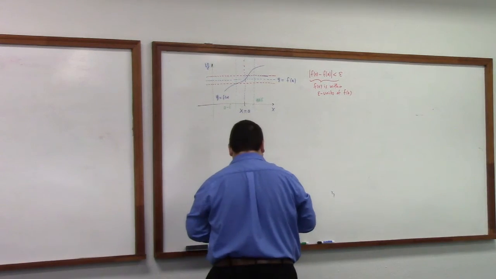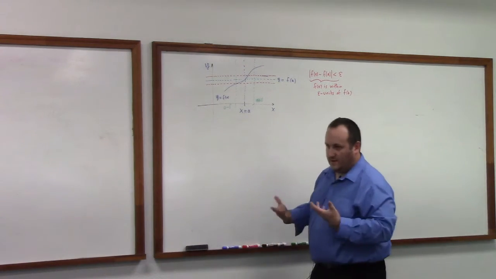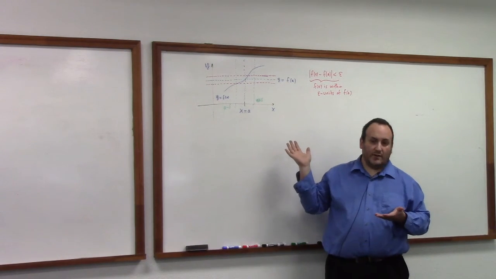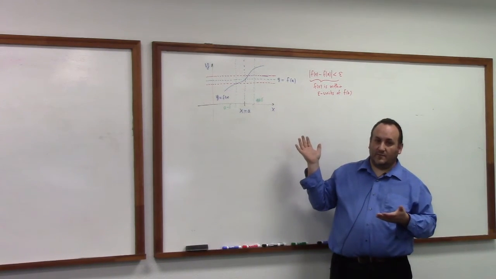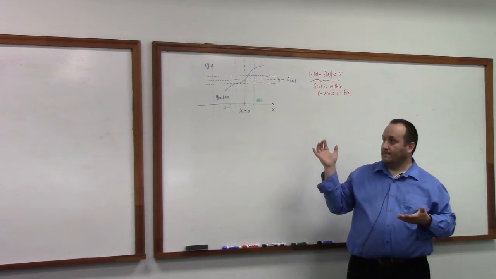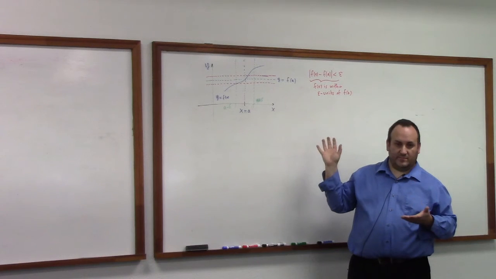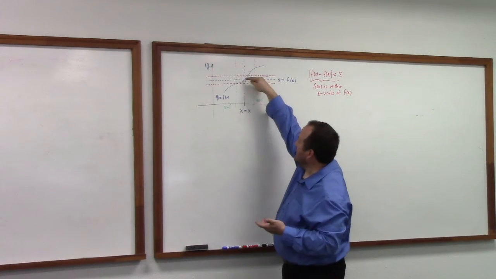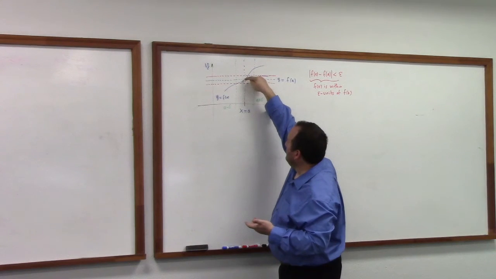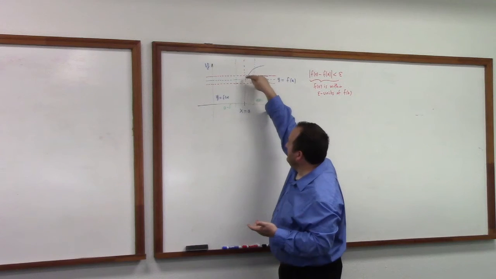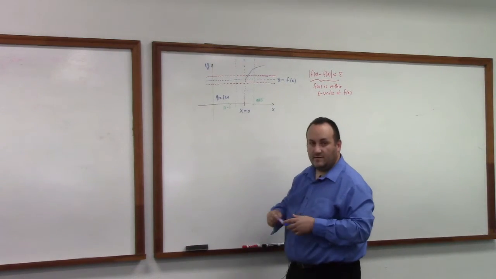Now, if you'll forgive me, to not waste an inordinate amount of class time, let's just focus on this one picture here. What would happen if the domain of the function had an endpoint at a? How would this picture change? If the function is only defined to the right, you'd have a picture that looks like that.